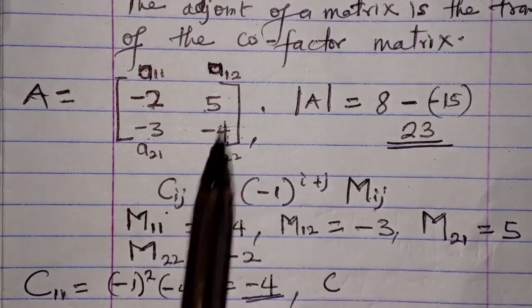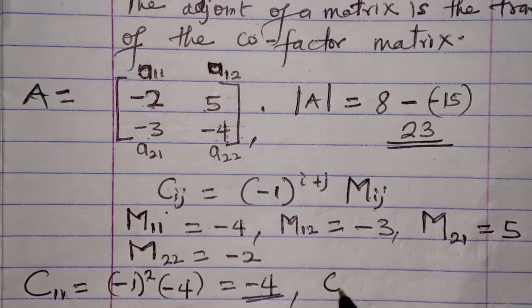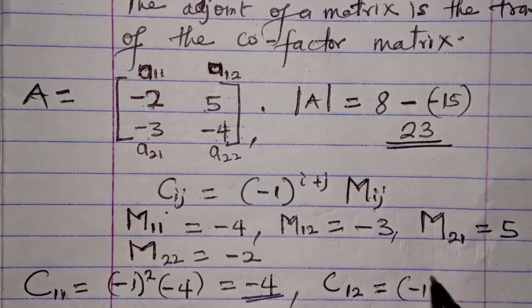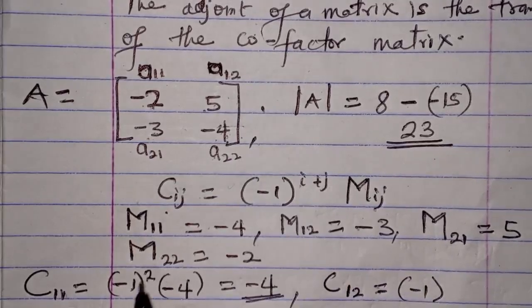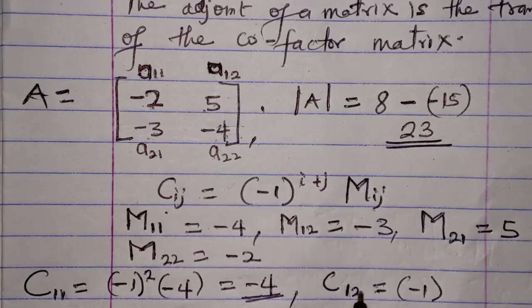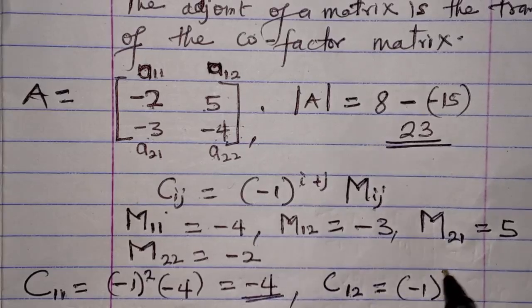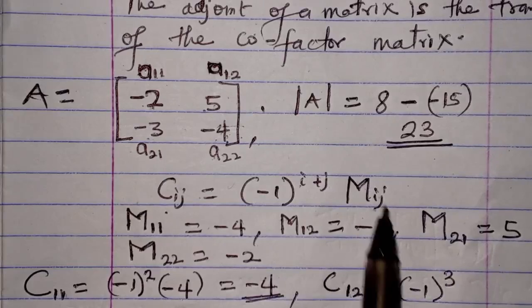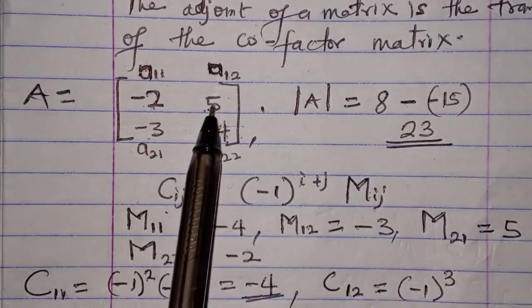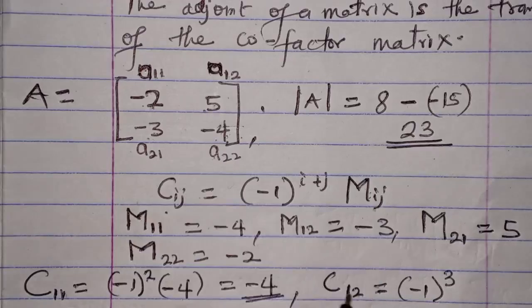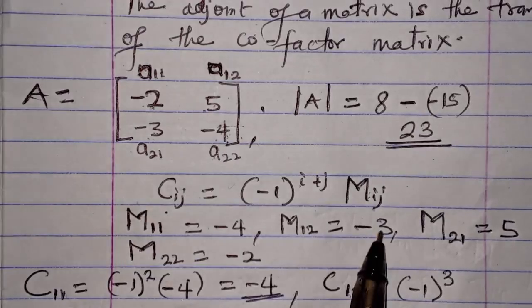The cofactor of this element, C12, is minus 1 to the power of, using the formula, we add the row and the column, 1 plus 2, that's 3, multiplied by the minor of that element, which is M12, and that's minus 3.